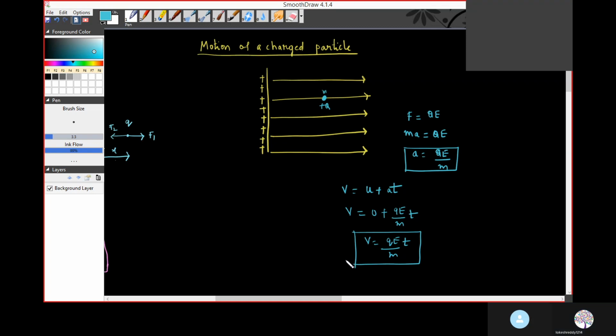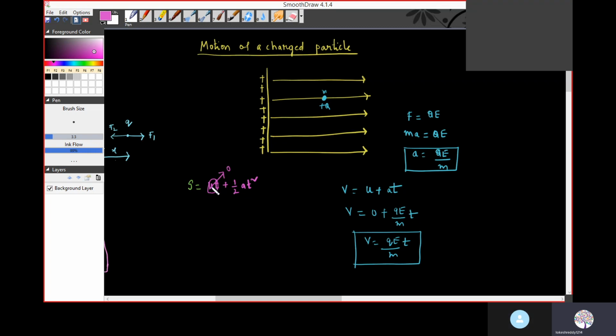Now, if you want the distance traveled, s is equal to ut plus half at square. Here the initial velocity I am taking as 0, that's why this term is becoming 0.